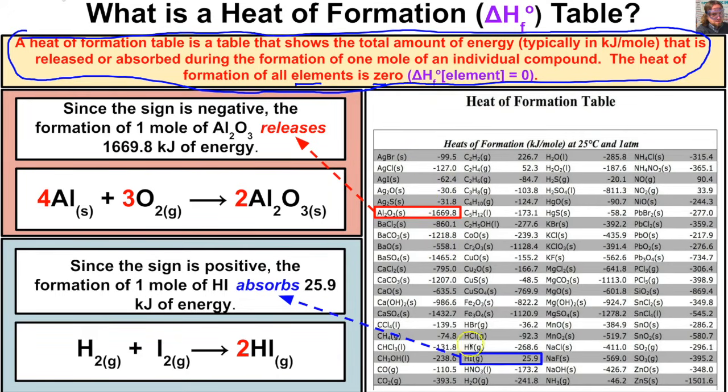For example, let's take a look at these two right here. Let's take a look at aluminum oxide solid, and let's take a look at HI gas. If we take a look at the formation of Al2O3, or aluminum oxide that's in the solid state, what this number is telling us is that for every 1 mole of this stuff that is formed, this negative sign means that it's going to end up releasing 1,669.8 kilojoules per mole of this substance made or formed.